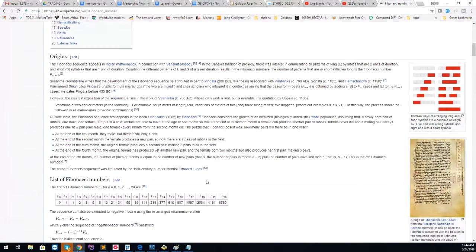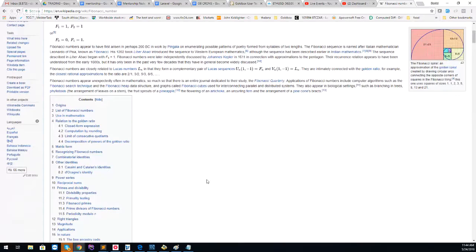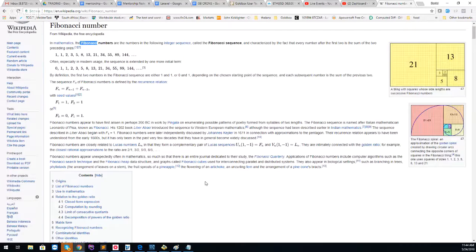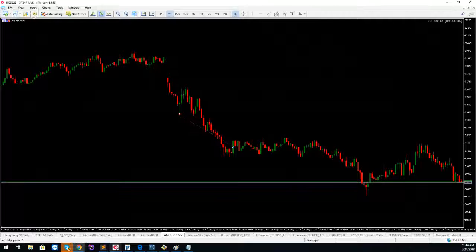So the question will be, okay, what do shells and sunflower seeds and the way that the stars are arranged have to do with trading? Well, it's quite mind-blowing actually, because we use the Fibonacci sequence in trading.